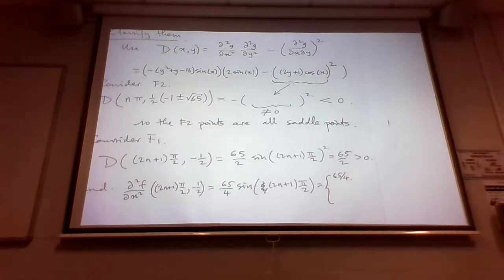These are these top values of sine. These are odd multiples of pi over 2. No, sorry, 65 over 4. So we either get 65 over 4 or minus 65 over 4, depending on whether the sine value comes out as positive or negative.